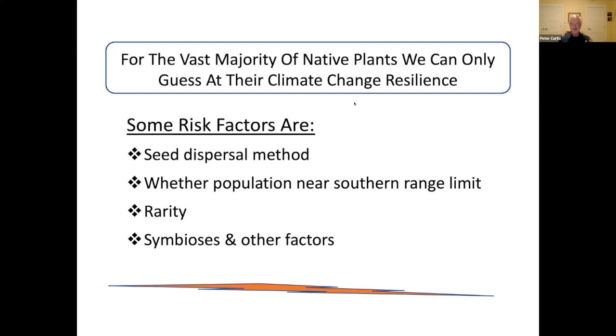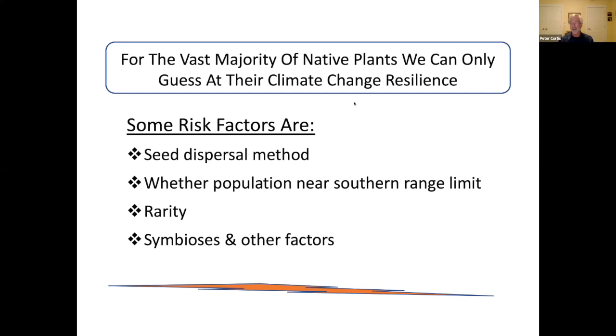And lastly, and there's a variety of other factors, but as we'll see this plays out in orchids, symbioses. Many plants have specific sorts of symbioses, often with fungi, and whether or not those symbioses can be maintained intact as climate changes is an important one.